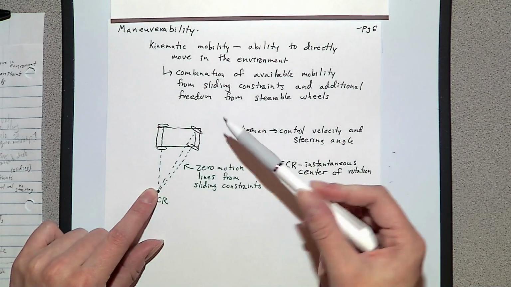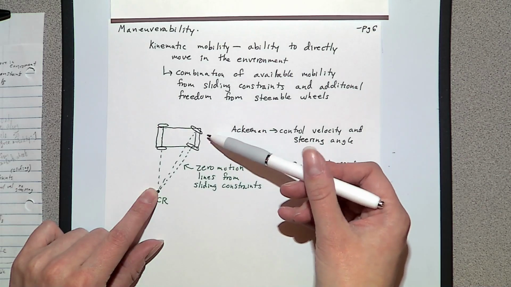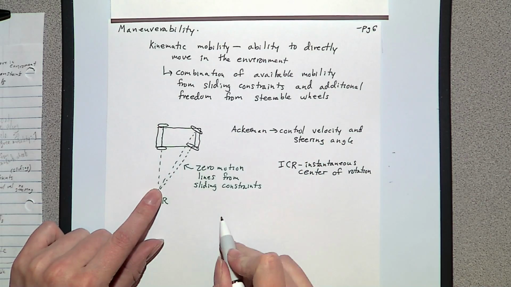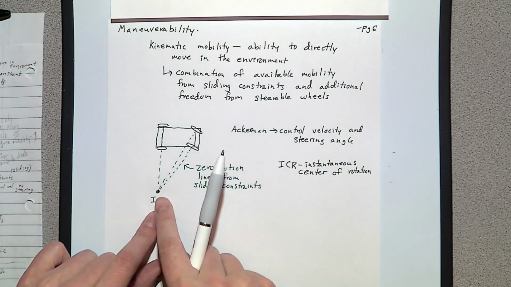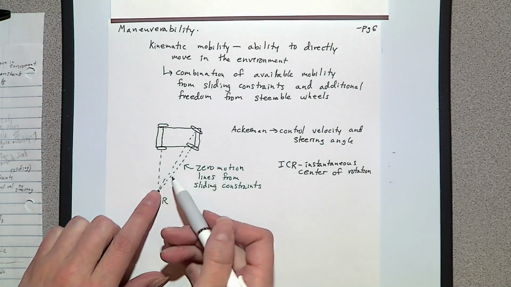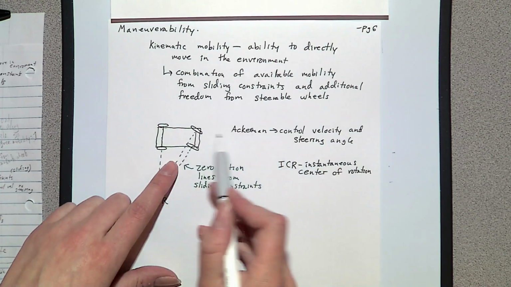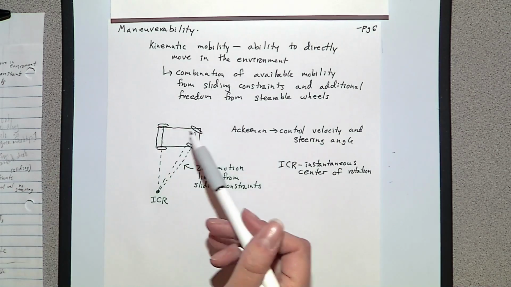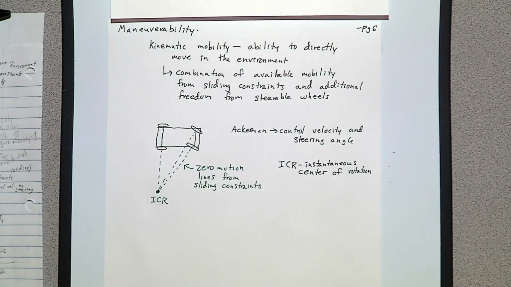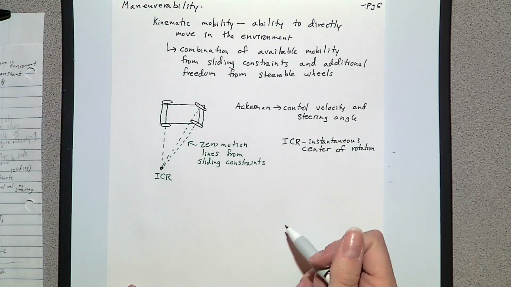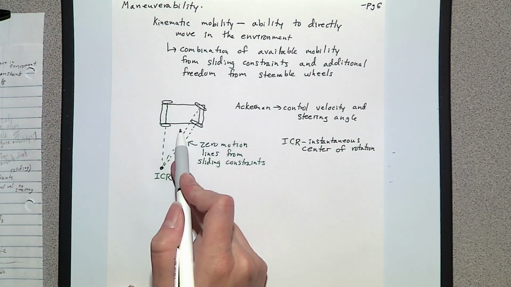And so when you apply the forward velocity, you actually are forced to move along this arc, this circle that goes about this instantaneous center of rotation. And then of course, you can have the infinite case where you go in a straight line. But in general, you have a fixed arc that you're allowed to move along. And so this explains why we have a lower degree of mobility with this type of car.